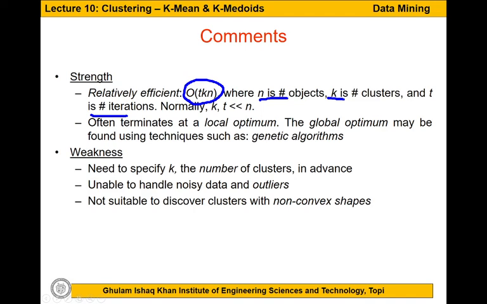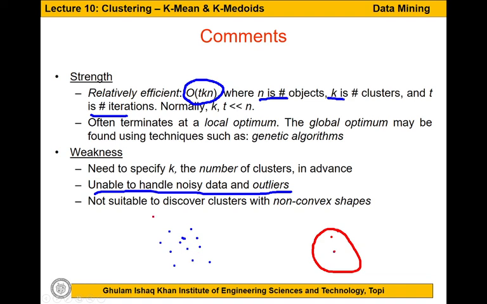One of the major weaknesses of this algorithm is that it is unable to handle noise. For example, if you have data points like this, and there is another data point here, these two points, let me make them red, these two data points are outliers or noise. But since it has to compute distance from each and every point, these points will also be included in the distance computation process.